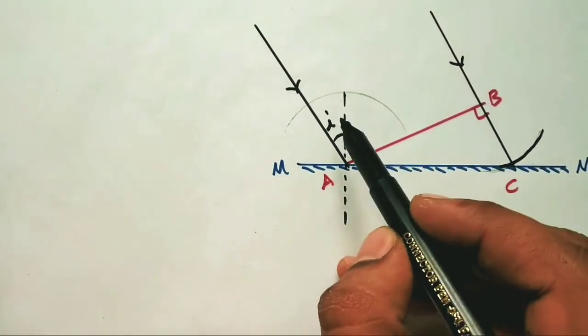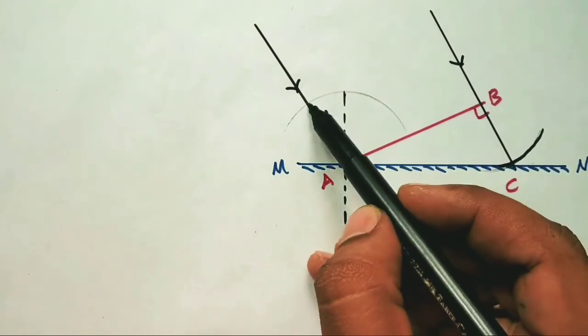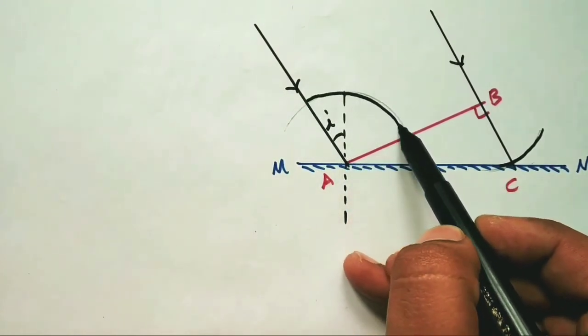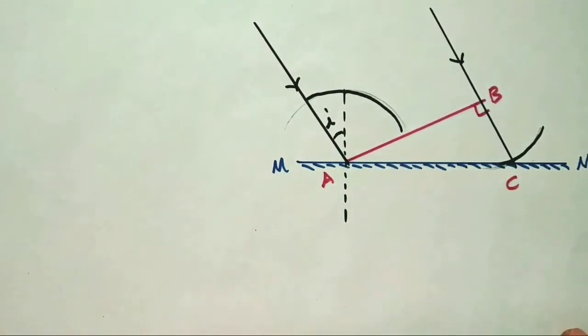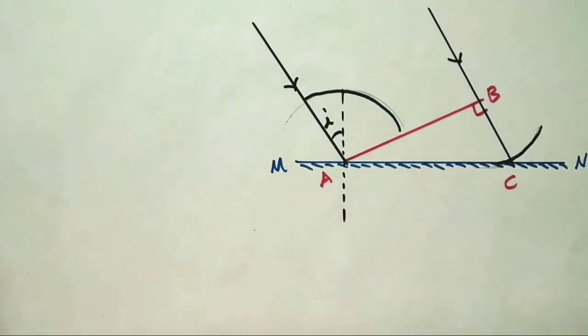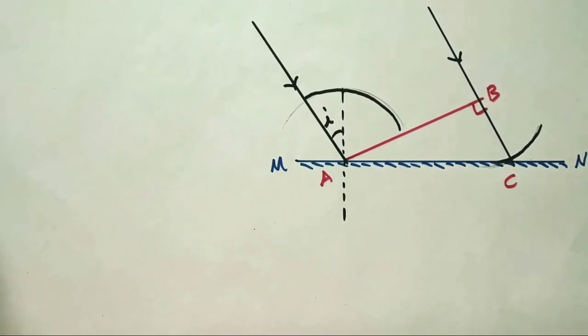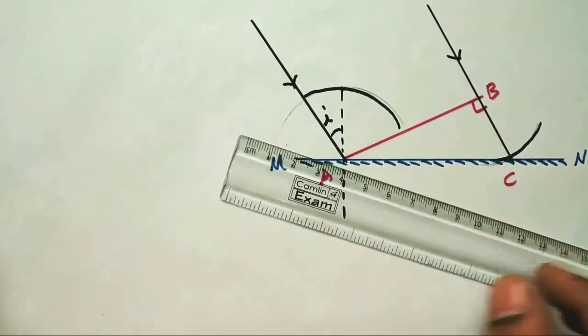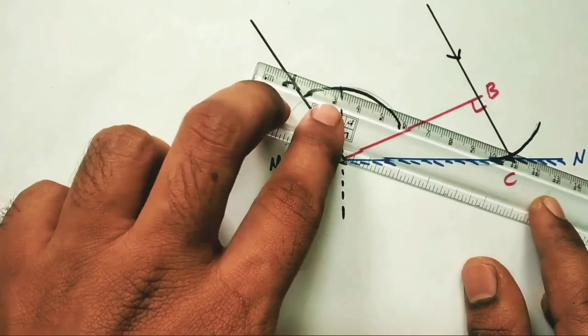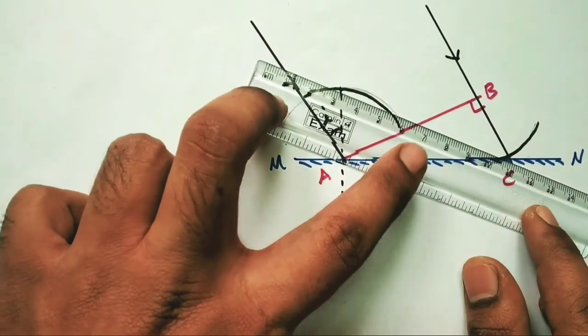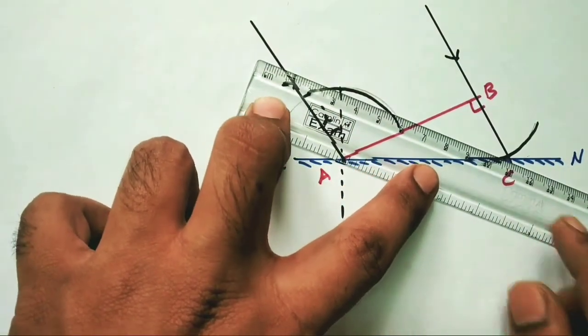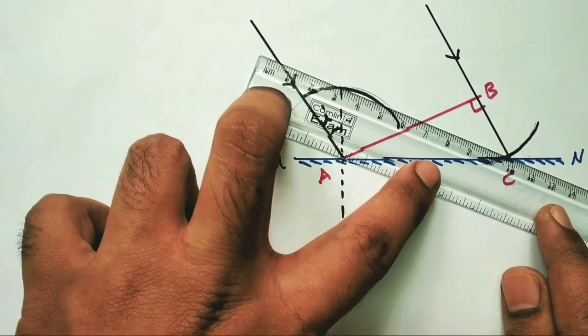Now let me use a black sketch pen for drawing this so that it is clearly visible. What is our next step? We will draw the reflected wavefront. For drawing the reflected wavefront, we will draw the tangent from the point C to the wavefront that is drawn from point A. When we join this with the help of a tangent, we get the reflected wavefront.